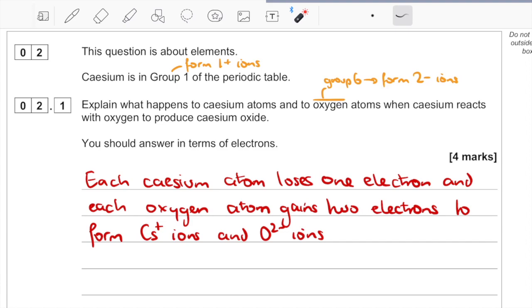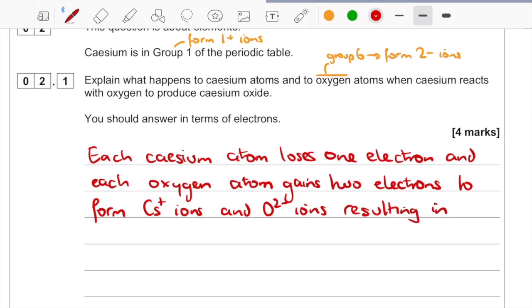So really, we should make it clear. One thing we can do is to give the formula of the compound. So we can say resulting in, and this is where you have to think about how to work out formulae. So we've got Cs+, oxide 2-.